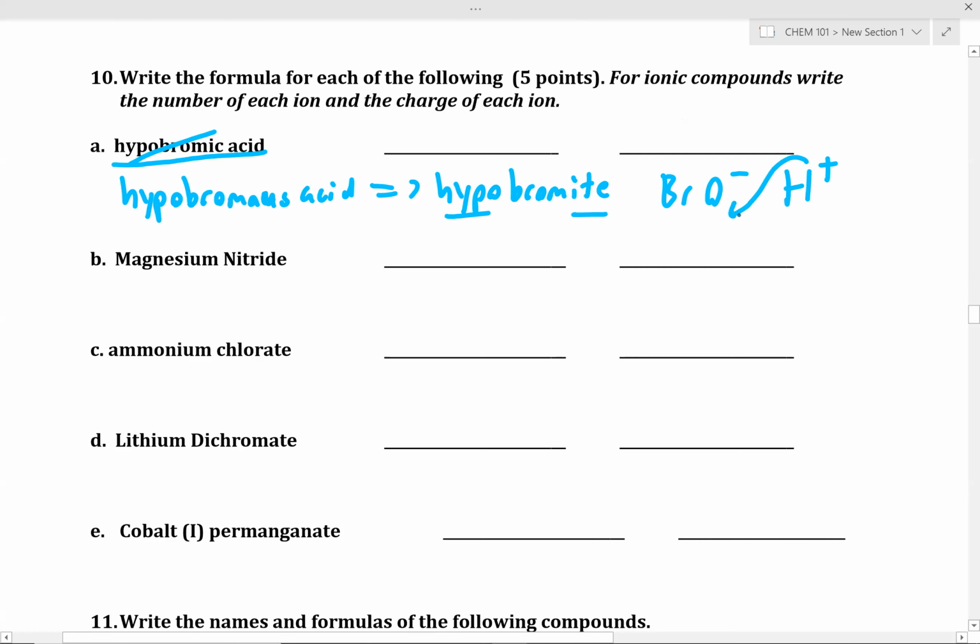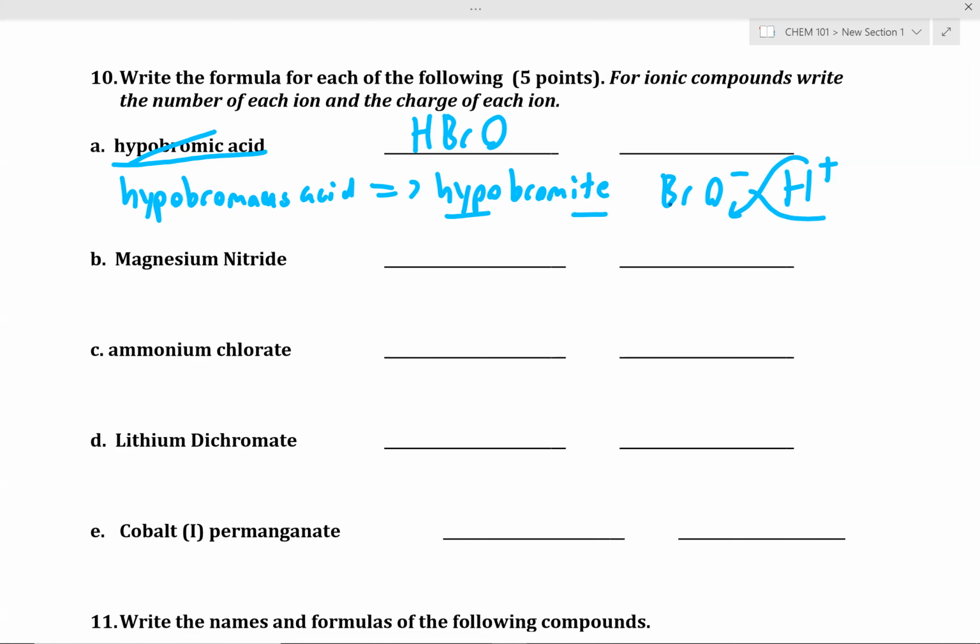We cross our subscripts and we end up with a 1-to-1 ratio of HBrO. Does that make sense? The hypo-ite is the least number of oxygen atoms in that polyatomic ion series.